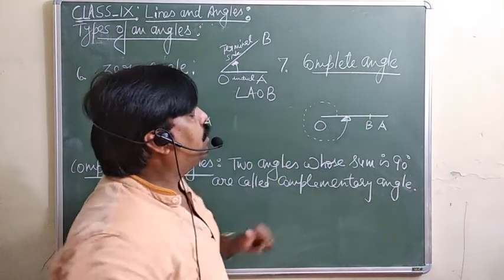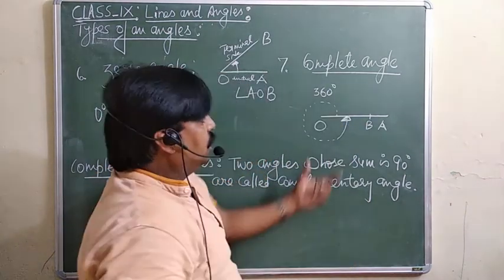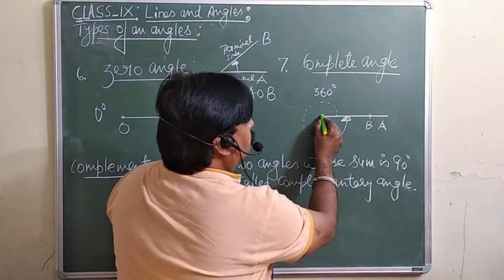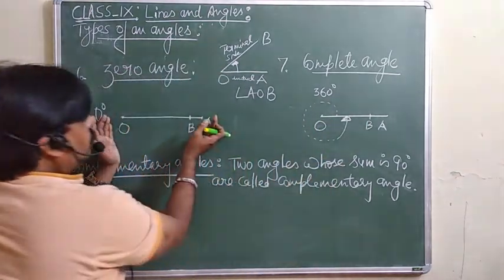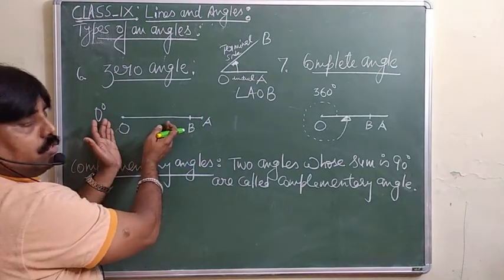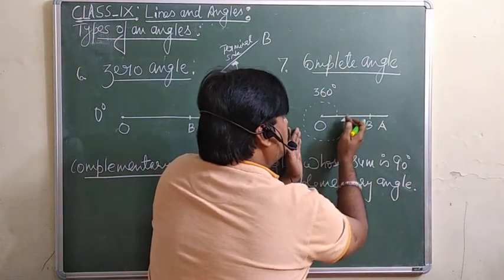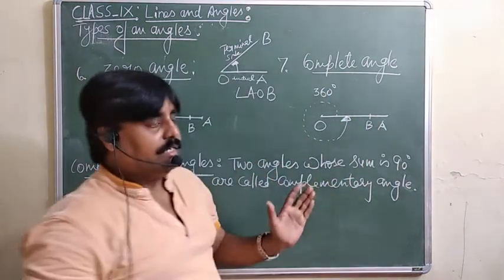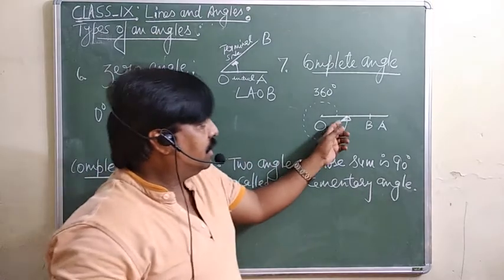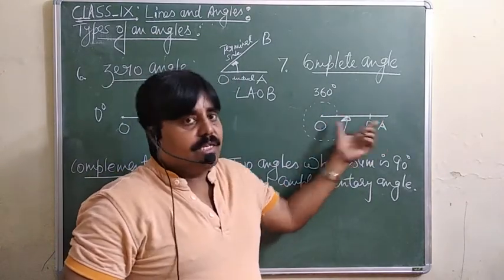Then it will make the complete angle, which is equal to 360 degrees. So this angle here will be 360. But if the terminal side is not coming out, that makes the 0 degree angle. If the terminal side comes out and after one revolution overlaps the initial side, that makes the complete angle.